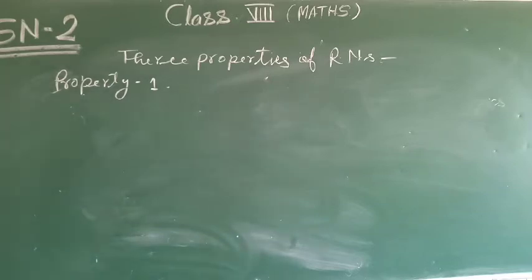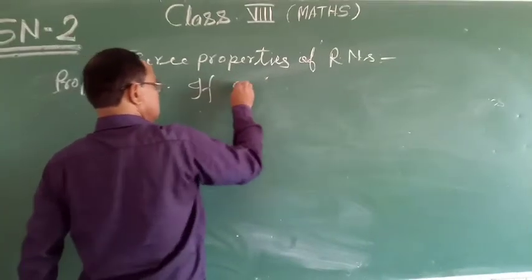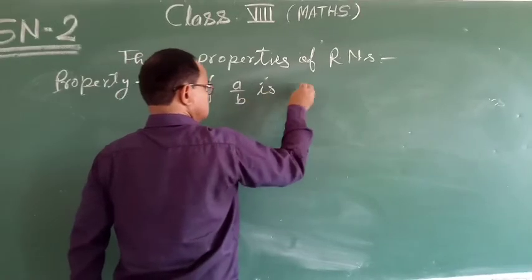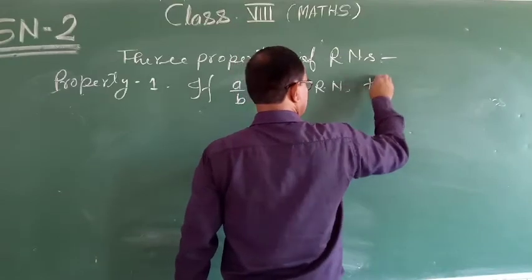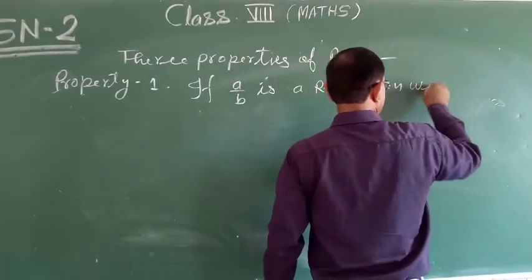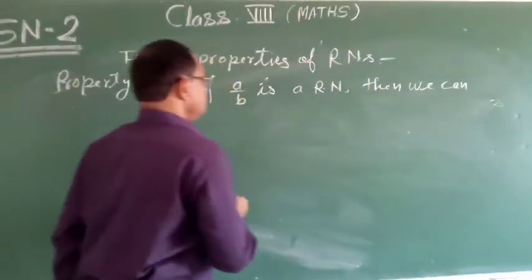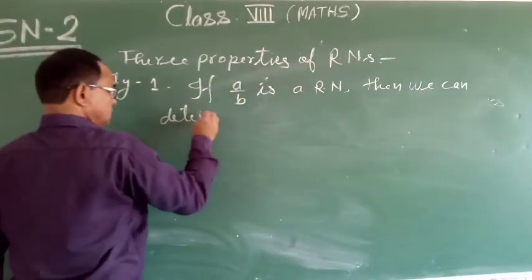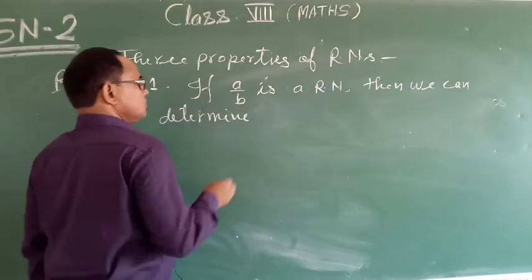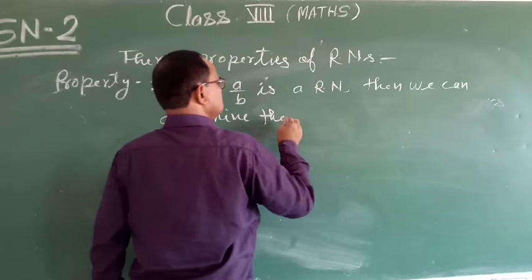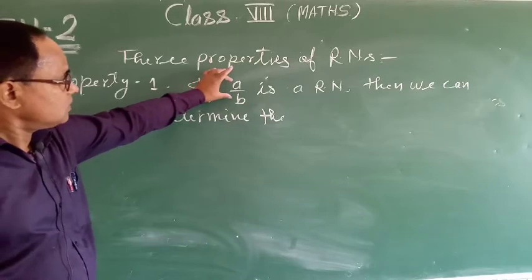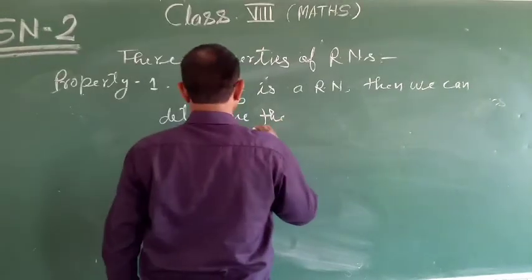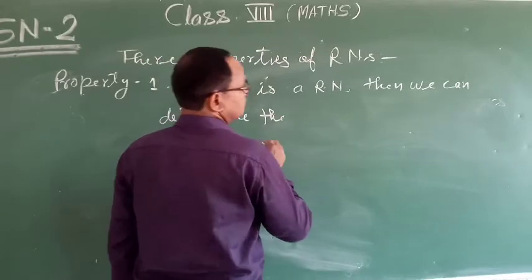In this case, if a by b is a rational number, then we can determine the equivalence rational number of this rational number.